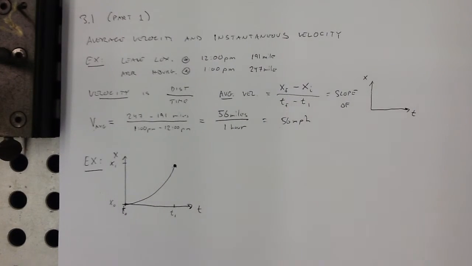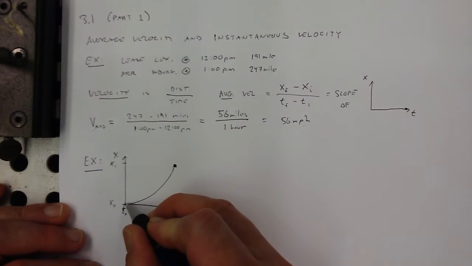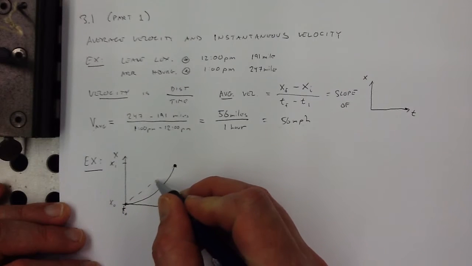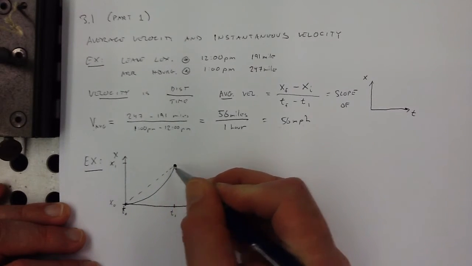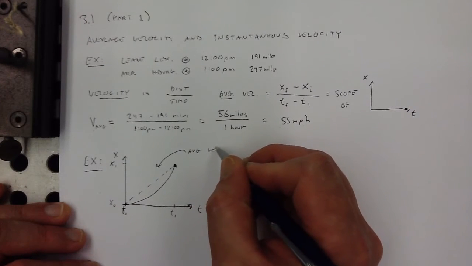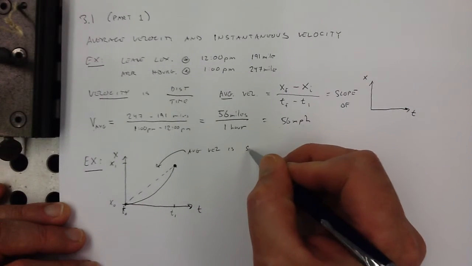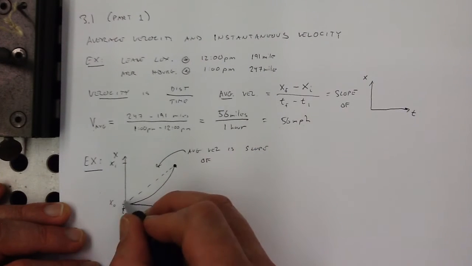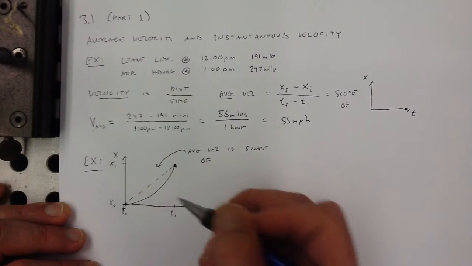We use this little formula here. And if you want a visual on that, we're finding the slope of this line. If we're finding the average velocity, that is the slope of this line that connects 2 points.